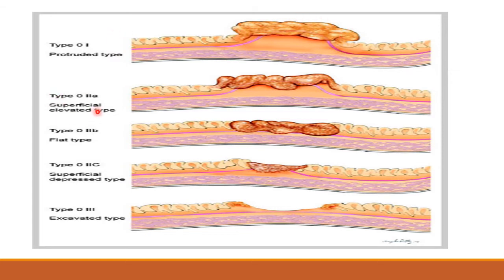Second is the superficial elevated type, like this. Third is the flat type. And this 2C is the depressed type, so it is depressed. And the excavated type, that is the ulcerated type, shows ulcer formation. So these are the types of early gastric carcinoma.